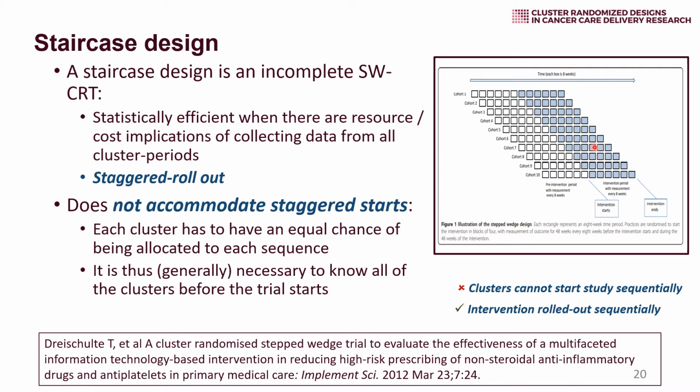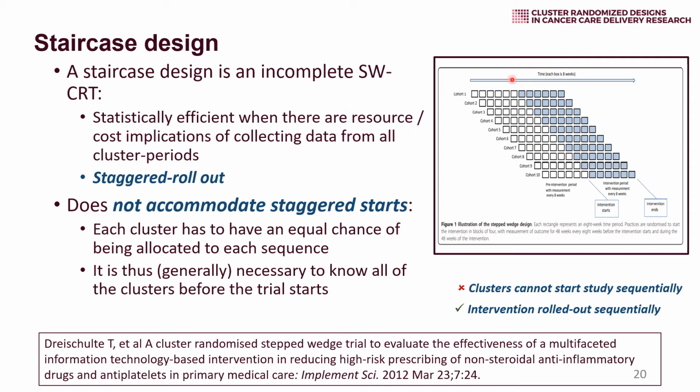Now, in a typical stepped wedge trial, all of the data would be collected in this area here and also in this area here. It turns out that focusing the data collection in the middle part of the design, at the point where the clusters transition up to the intervention condition, is actually a statistically efficient design. So this can be an appealing choice in some settings.